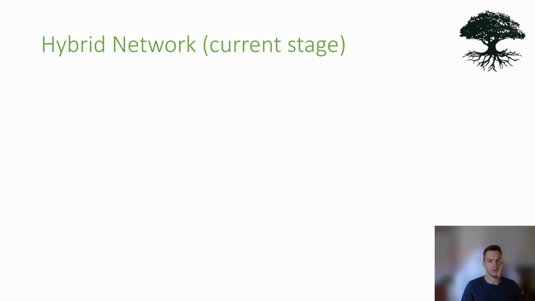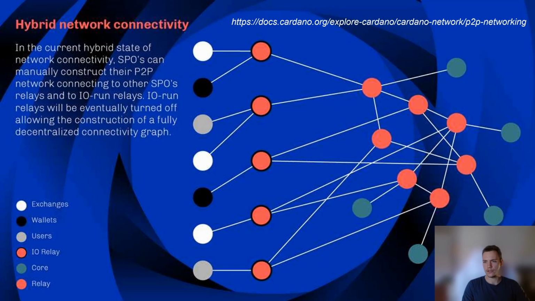Now we're moving on to the hybrid network, which is the current stage. In this stage, again, we have the core nodes, which are now not IOG core nodes, but instead community stake pool nodes that produce the blocks. They all have their set or sets of relays, and the relays connect to each other between stake pools, and they also connect to the outer layer of IOG relays.